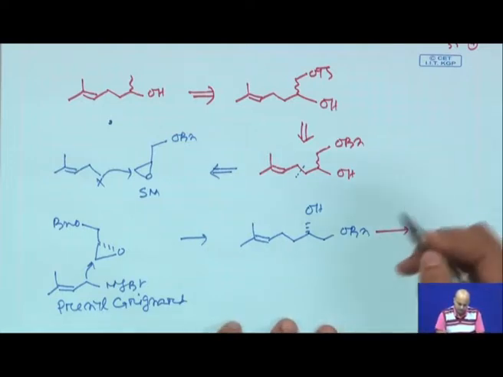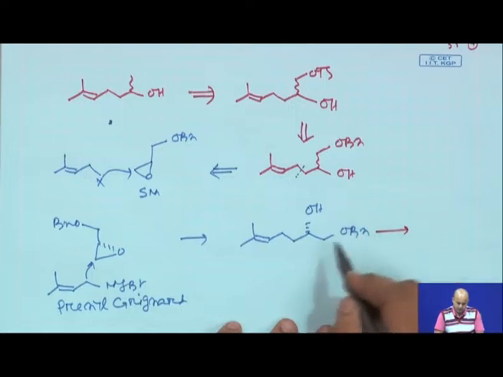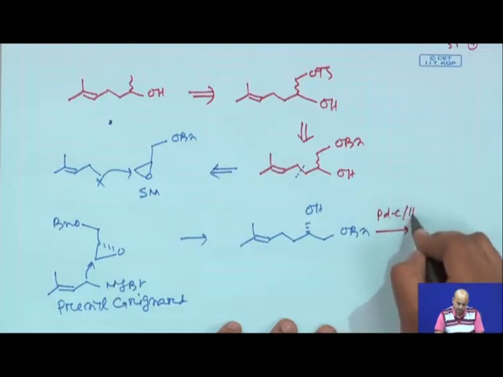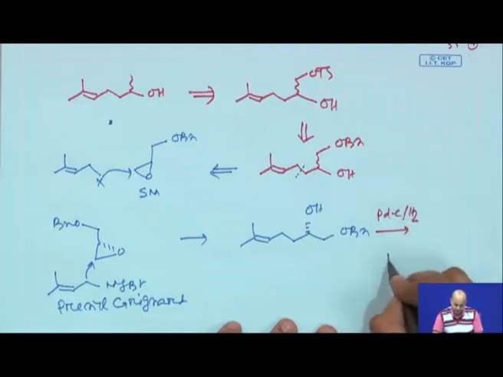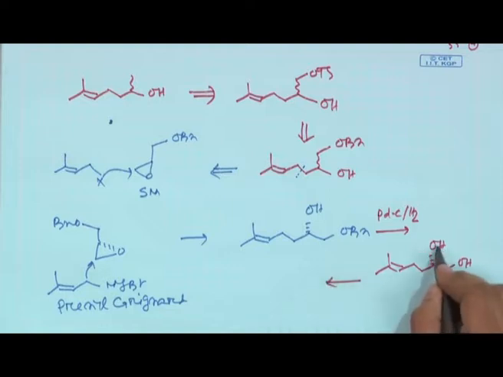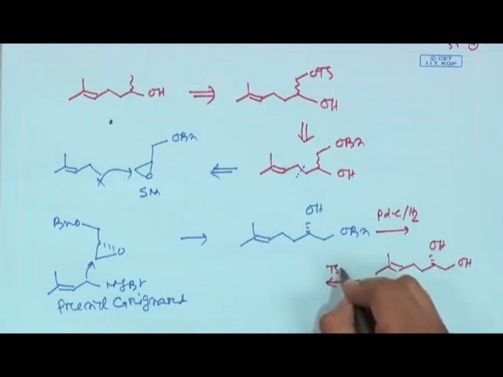So, we will continue the synthesis. What you need to do is convert this benzyl to tosylate. So, you do a debenzylation with palladium charcoal and hydrogen and you get this OH, CH2OH. Fine. Now, you have a primary alcohol and a secondary alcohol. The primary alcohol reacts faster with 1 equivalent of tosyl chloride.